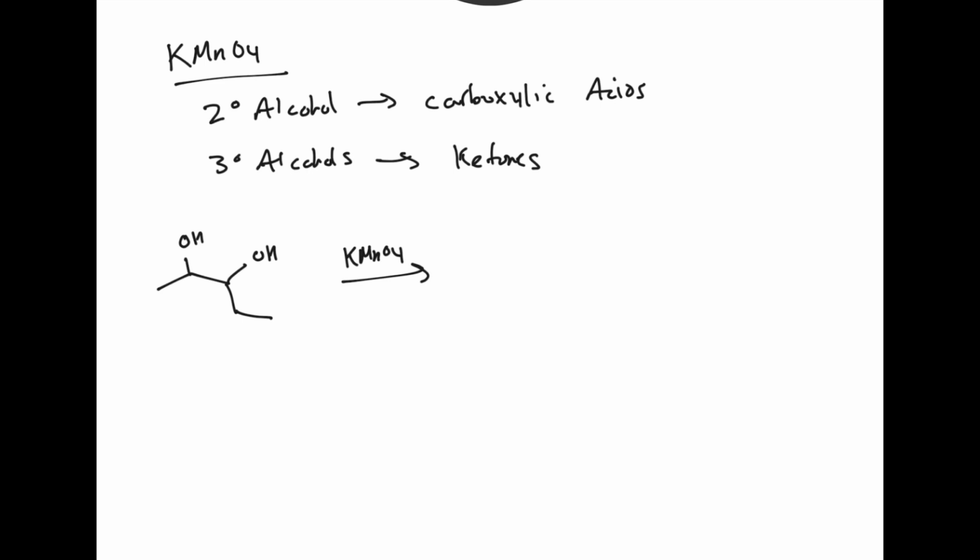Right, so you're going to break your carbon-carbon bond, and now you're going to oxidize those alcohols as many times as you can. So for the secondary alcohols, you can oxidize them all the way up to carboxylic acids. So you can kind of think of it as you're replacing one of the hydrogens you would normally remove with that carbon-carbon bond you're breaking.